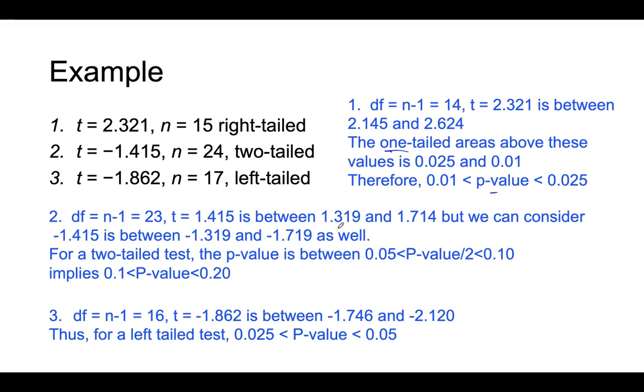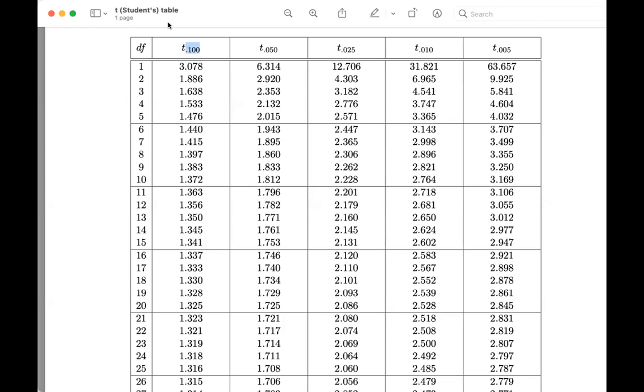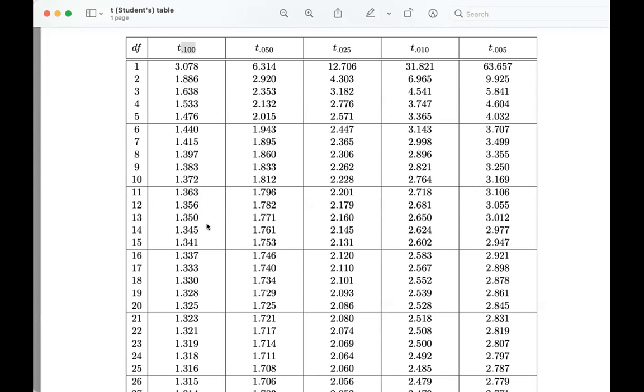We can look this up in the table. The degrees of freedom, because n is 24, is 24 minus 1, so it's 23. And our number is between here and here somewhere, specifically where we're not sure. So it's bounded between these two.